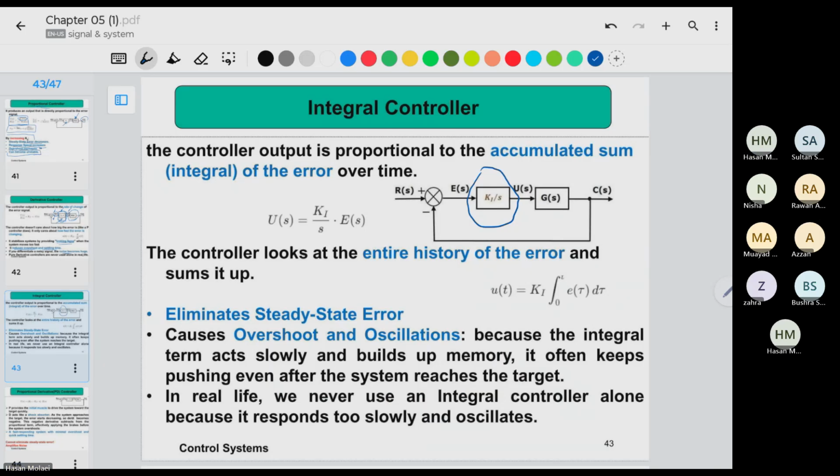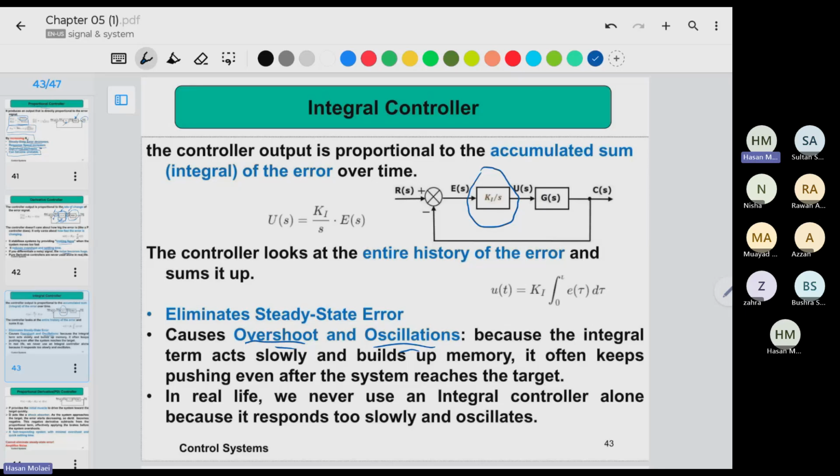So you can define some integrator here to reduce the steady state error, but adding more poles, basically a pole at the zero, right? Adding more poles may cause some other problems like overshoot or stability problems, because you are making the system more complex.